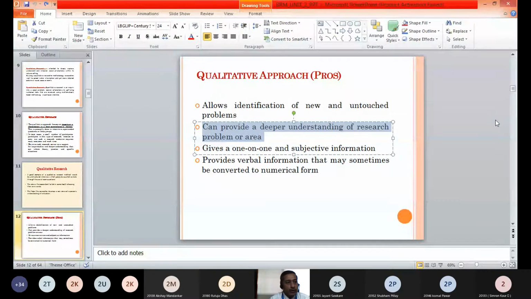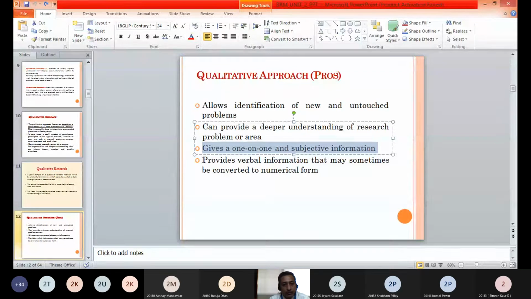This qualitative approach can provide deeper understanding of research problem or area. So going into the depth of that particular problem, understanding the different dimensions of the problem, this type of qualitative research can help a researcher. This qualitative research gives one-on-one and subjective information. So one-to-one information from the respondents as well as subjective information, meaning descriptive information, all the description of that particular situation, phenomena or problem that you can get in great detail through this type of qualitative approach.